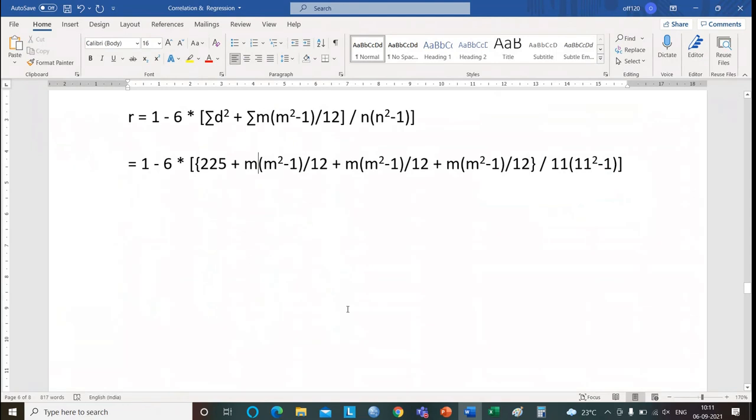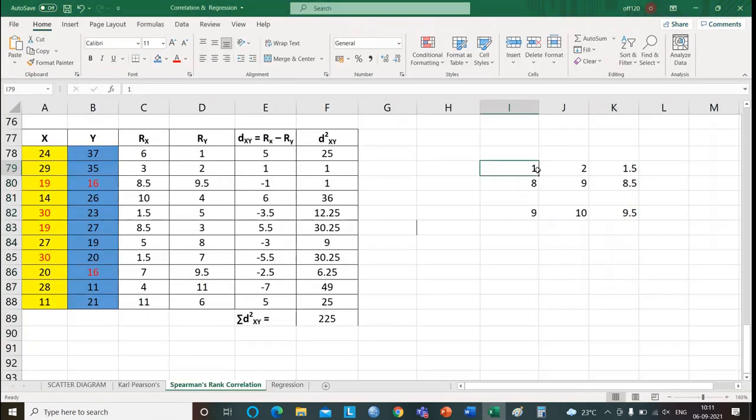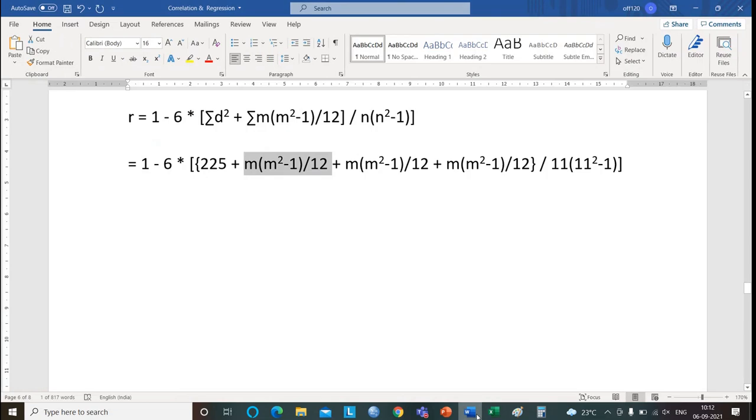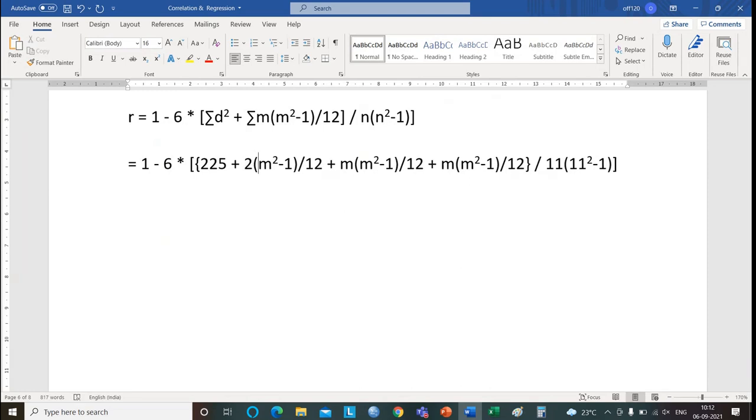Now, what do you mean by m here? Let us constitute the first expression for the first tie. There is a tie between how many ranks? It is a tie between 2 ranks only. So m value is 2. The number of observations tied is called the m value.